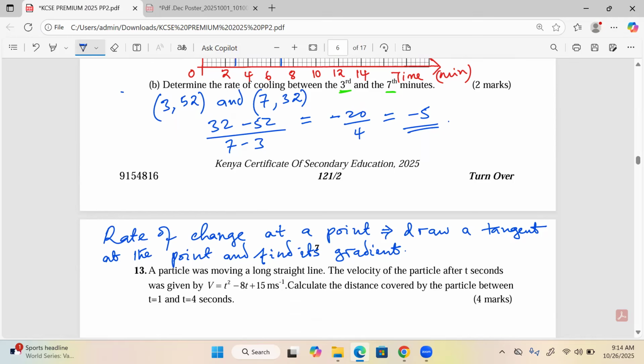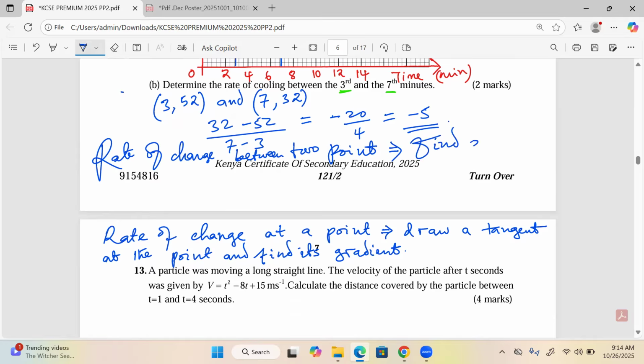Then when the rate of change is between 2 points, find the gradient using the 2 points, the way we've done using the 2 points.